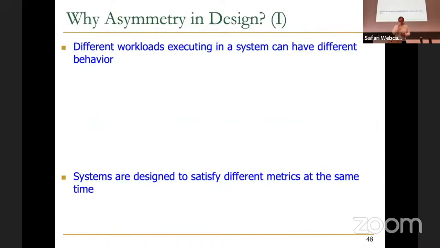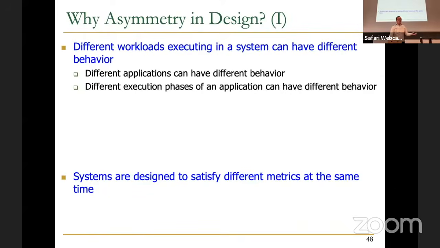So why do you want to do this? Essentially, there are two major reasons. We've already kind of seen that also, but I'm putting this into words right now. Different workloads executing in a system can have different behavior. And systems are designed to satisfy different metrics at the same time, right? So the first one, different applications can have different behavior. Different execution phases of a single workload or single application can have different behavior.